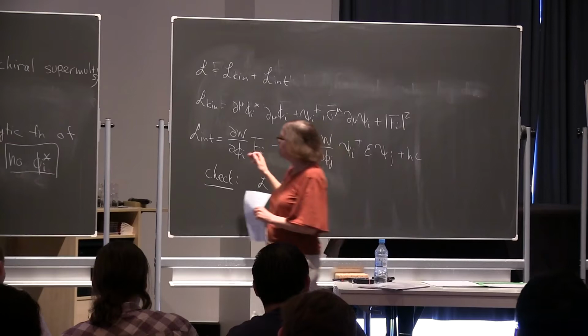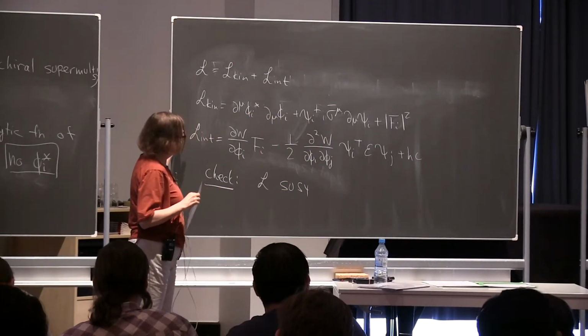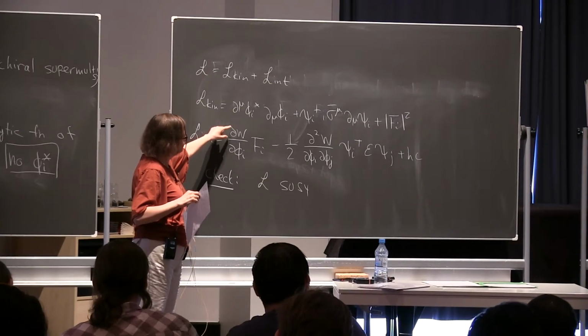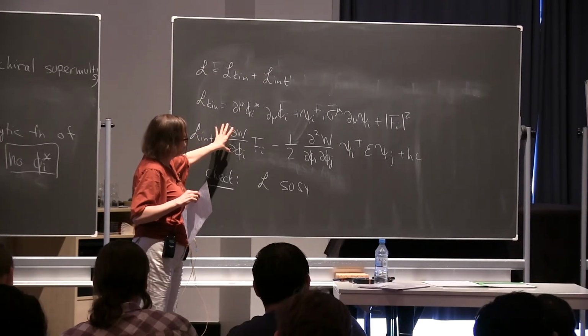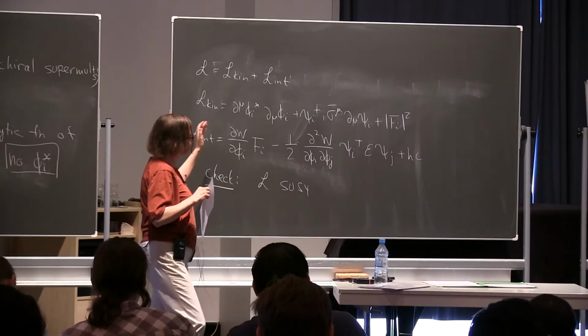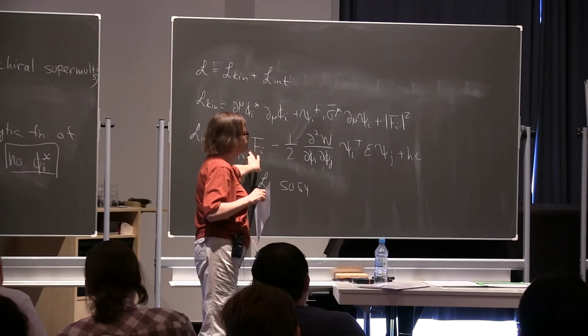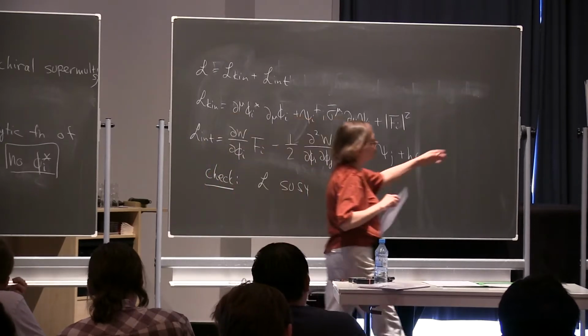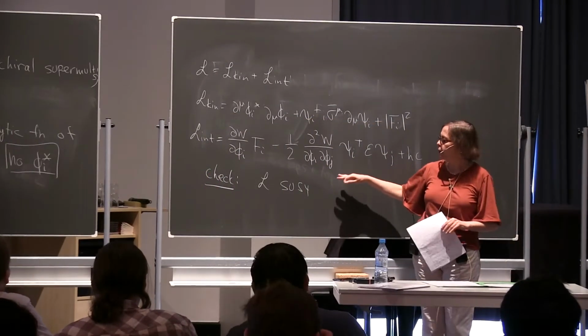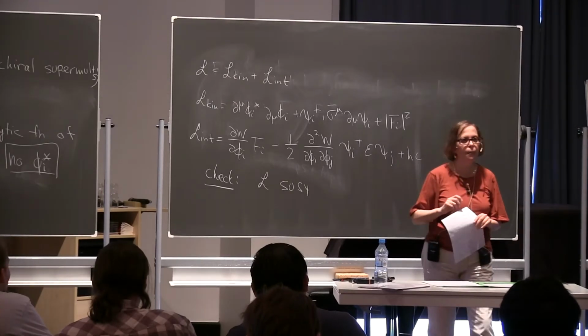And you can already see what's happening. You take the SUSY transformation of this. So you need to, first of all, take the SUSY transformation of this part. You'll get the second derivative of W. And then you'll get another part from F.